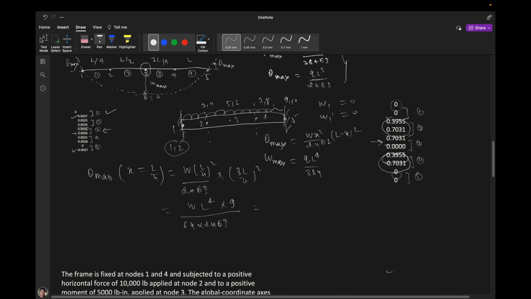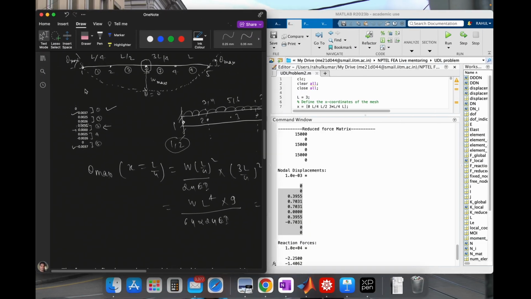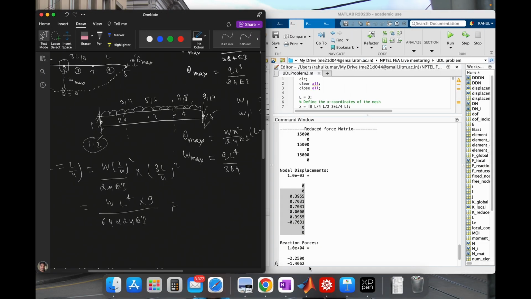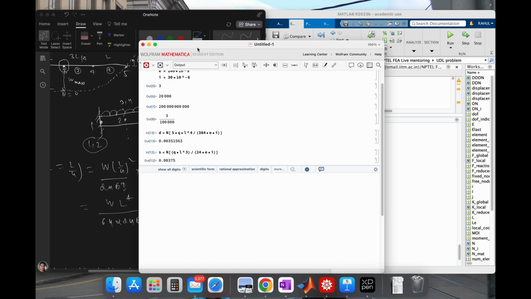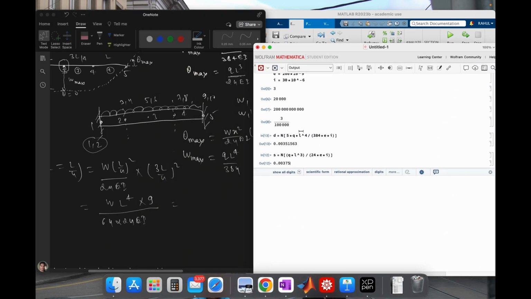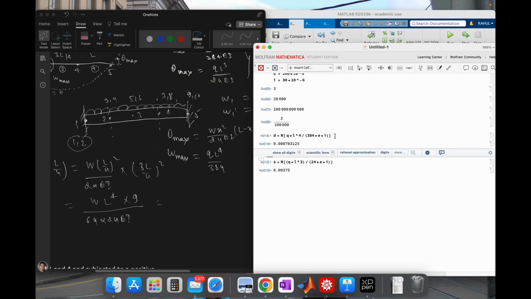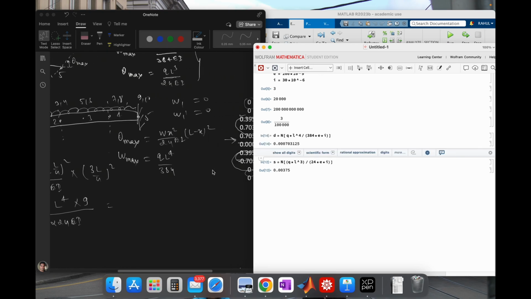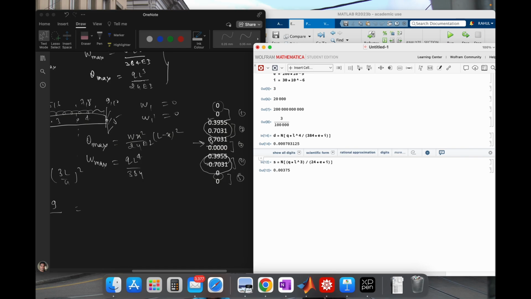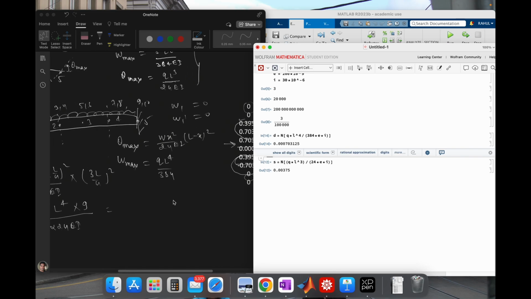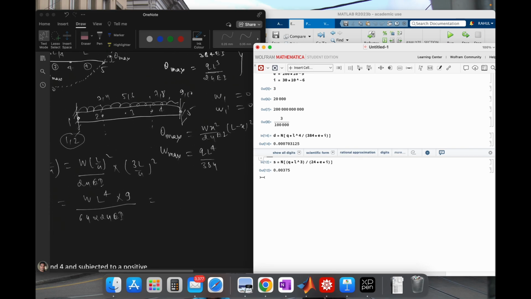Let's go to Mathematica and try to find the values. In our case, what is W? W is 5 divided by 384. First let's see: 0.7031. You can see that it is exactly matching. Now let's see what the slope is.